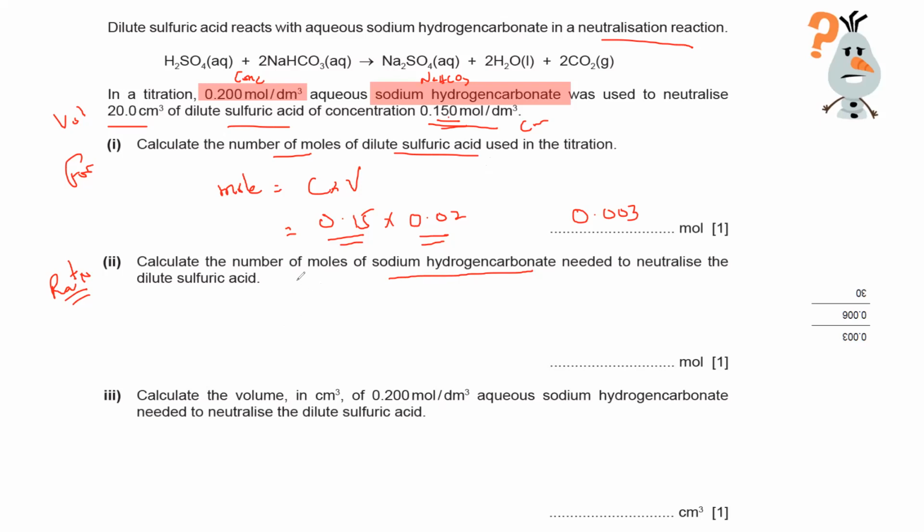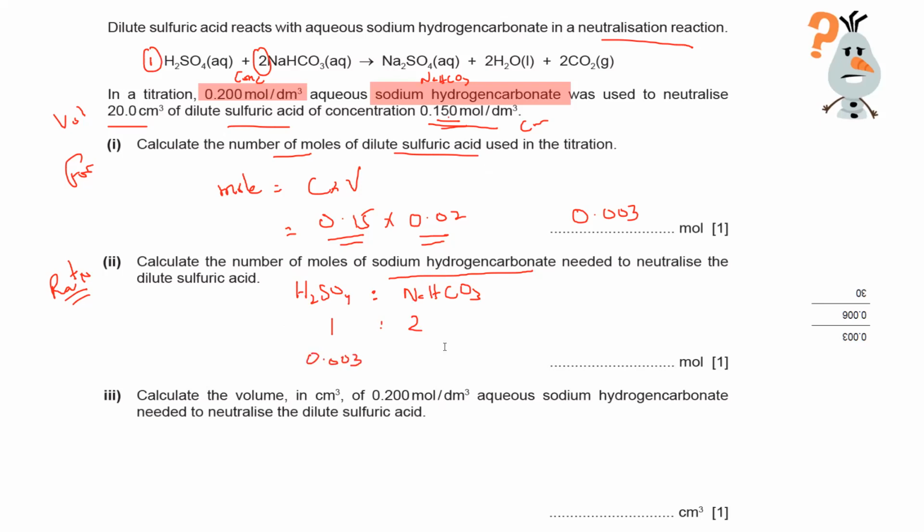So what is the ratio between sulfuric acid and sodium hydrogen carbonate? If you have 1 mole of sulfuric acid, there will be 2 moles of sodium hydrogen carbonate. So the ratio between them is 1:2. In the question we have 0.003.